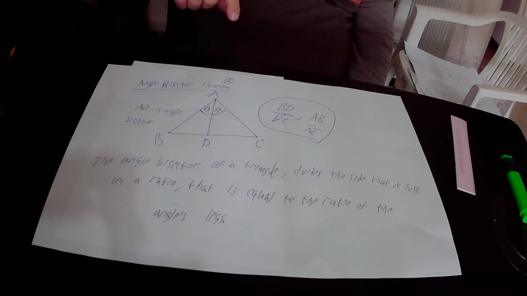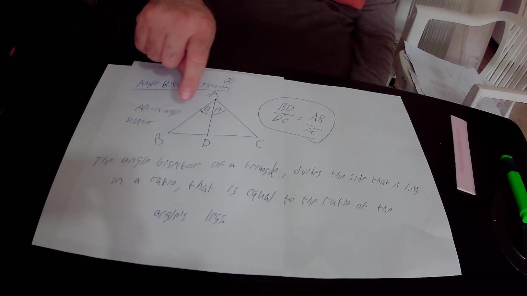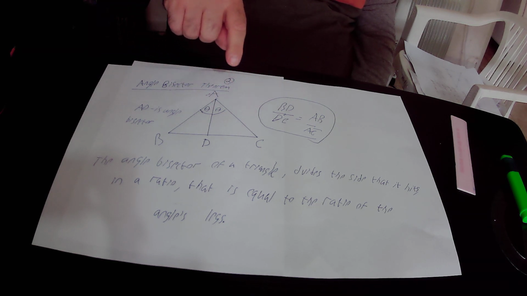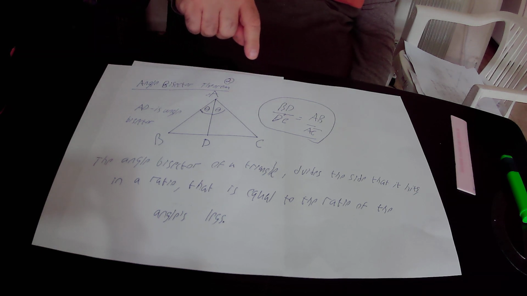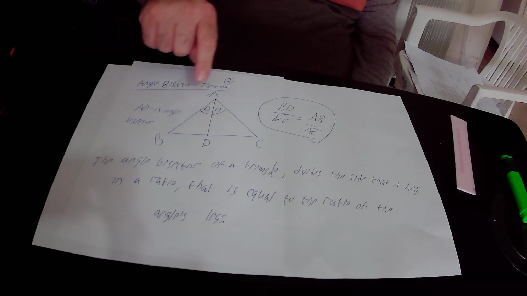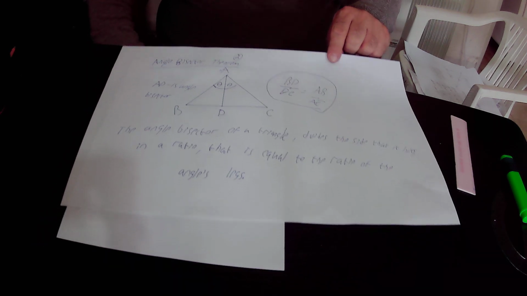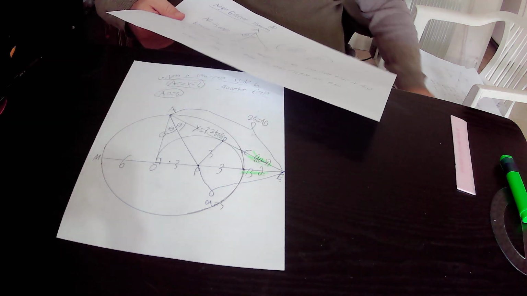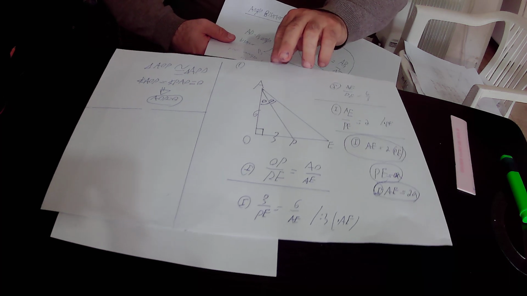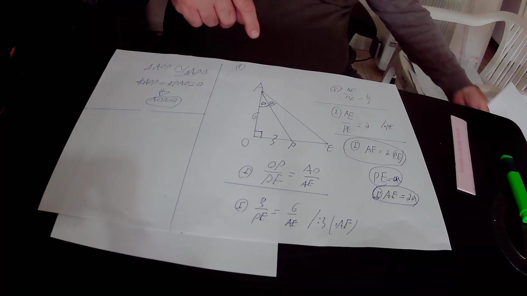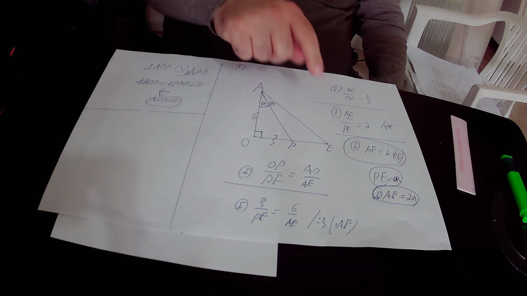Again, the angle bisector AD divides side BC in a ratio BD over DC, and this ratio equals the ratio between the angle legs, that is AB over AC. We can implement the angle bisector theorem in our triangle AOE, because we have line segment AP that is the angle bisector of angle OAE.